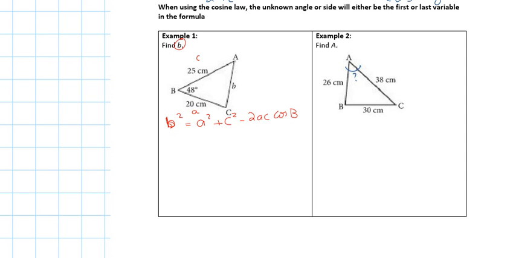We're going to enter the numbers in, but when we're using the calculator, we're going to have to be careful. So in this case, A is 20, squared, plus 25 squared, minus 2 times 20 times 25 cosine 48.